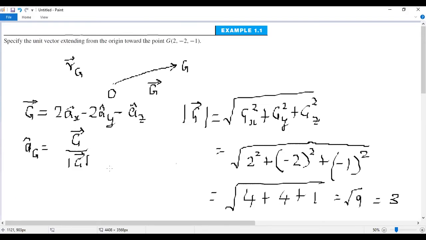So now you have got the vector G, you have also got the magnitude of the vector G. How to find the unit vector? Unit vector is vector G divided by its magnitude. So vector G, you already know, it's 2ax minus 2ay minus az divided by 3. Okay, divided by 3. So what do you get then?